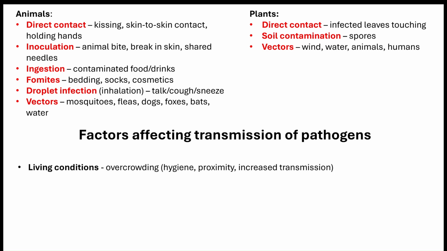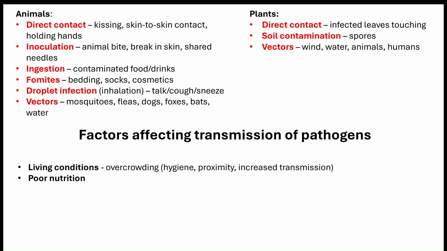And one of those is living conditions when we look at animals. Overcrowding. If they're asking about areas, are there lots of people living in one household? What's the hygiene like? Are they able to isolate away, or are they in close proximity? Any of these are going to increase that transmission.